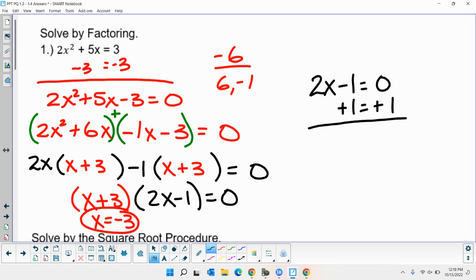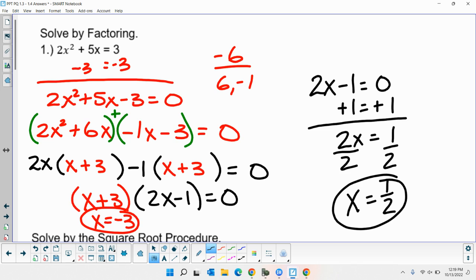Add 1. What's the next step? Divide by 2. So you get that fraction. So negative 3, positive 1/2 are the two solutions to that quadratic equation. Okay? Any questions? Easy, right?